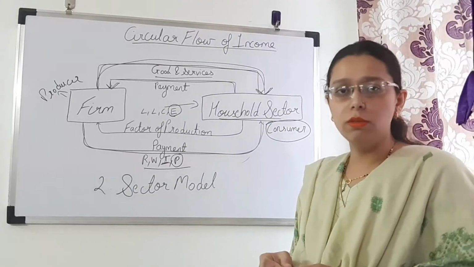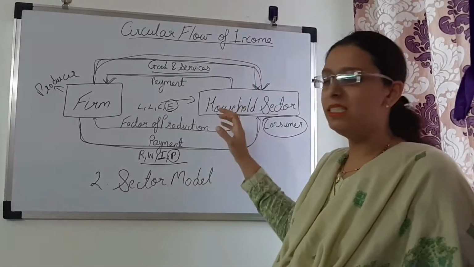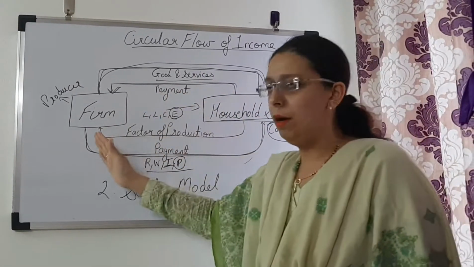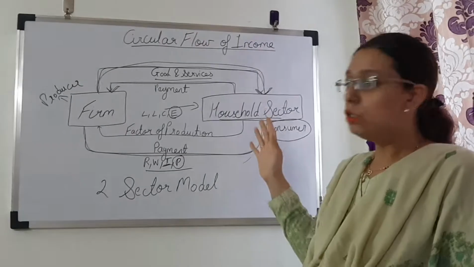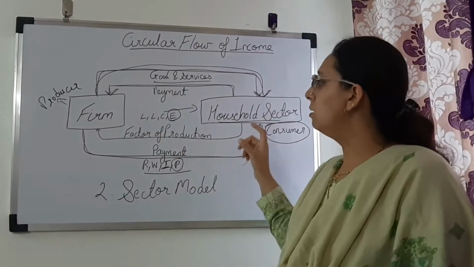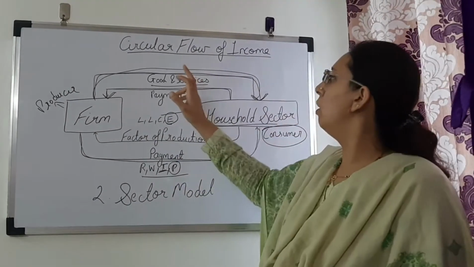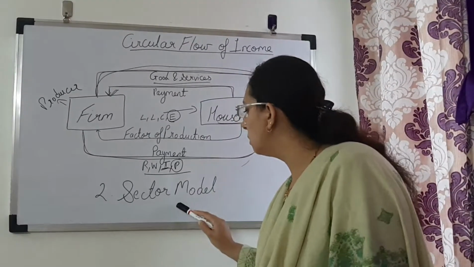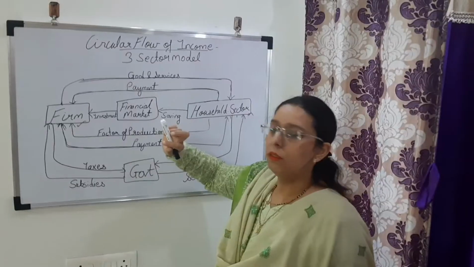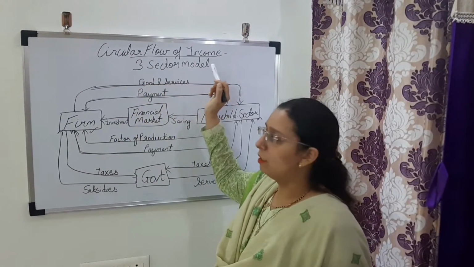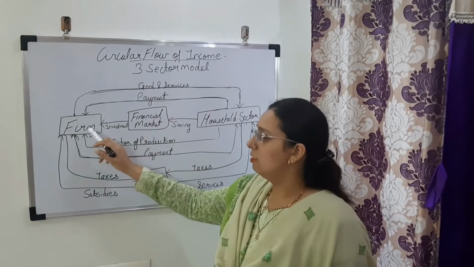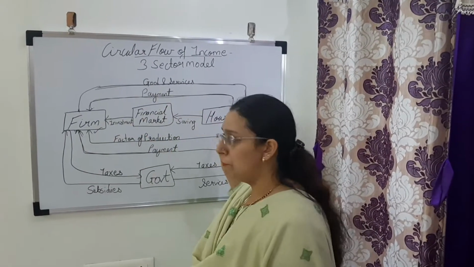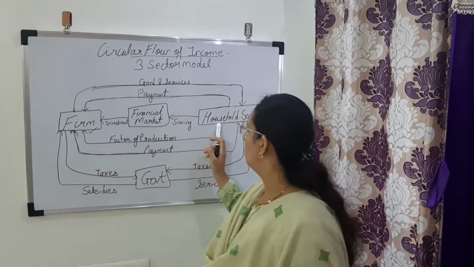This shows how the flow of money is taken place between the two sectors, that is firm and household. So these two sectors is called as two sector model of income, that is circular flow of income under two sector model. We have seen circular flow of income under two sector model, that is firm and household. That how the money flow between these two sectors.